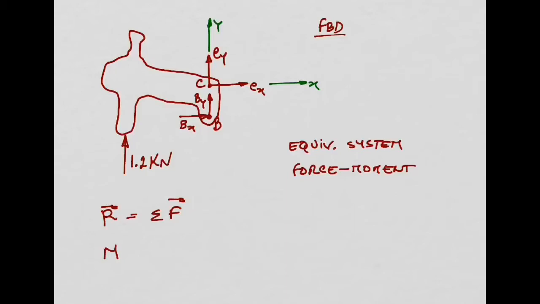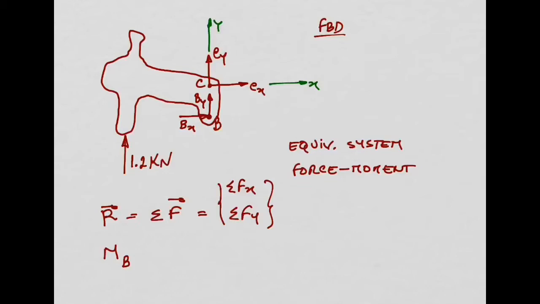So, for example, if you calculate the moments about point B, this resultant of forces will give you a force vector with two components, summation of forces in the x direction, summation of forces in the y direction, yeah? While the moment equation will give you only one additional equation.